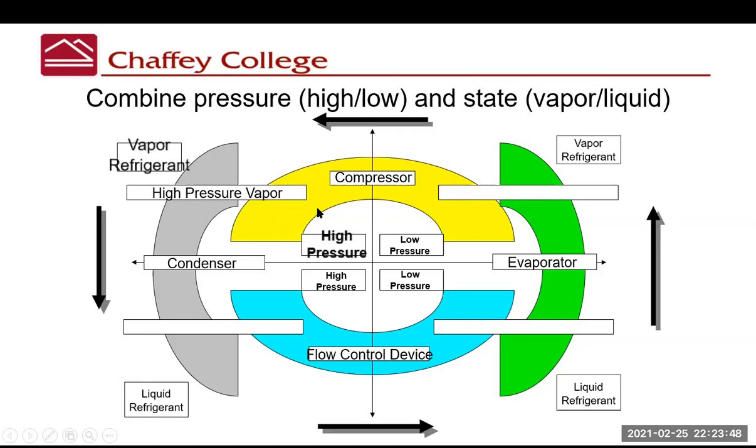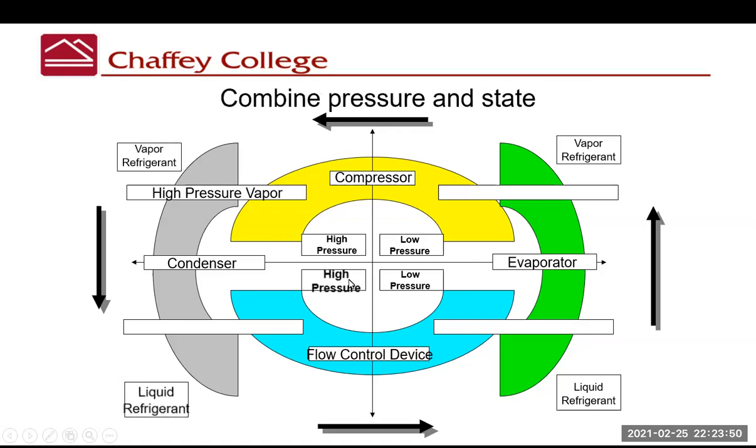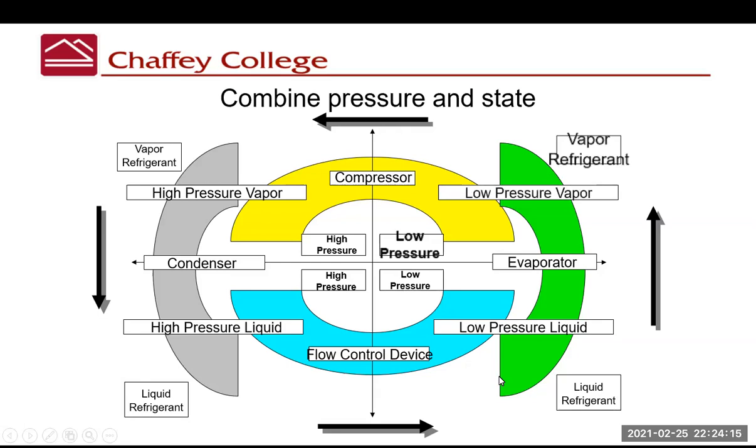Next, we'll move on to after the condenser, and now we have high pressure liquid. Combine those terms, we have a high pressure liquid in this bottom left corner of our chart. As it goes through the flow device, it becomes a low pressure liquid. We can fill that in there. And then once we move through the evaporator, it becomes a low pressure vapor.